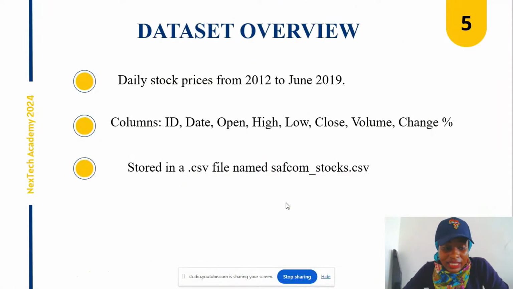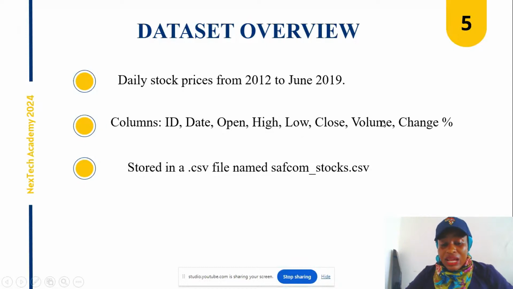Now, if you have the data set, and I'm hoping that all of us have the data set, if you haven't, you can check the description box. The data set that we have is daily stock prices for Safaricom from the year 2012 to June 2019. And the columns that we have here are ID, date, open, high, low, close, volume, and percentage change.